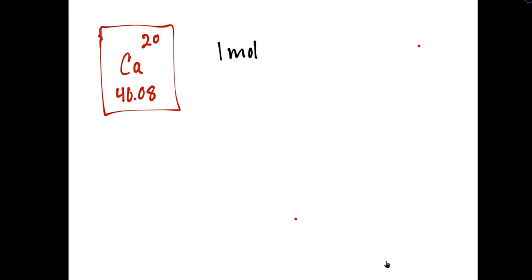I have something called calcium on the periodic table, and it says if I have 1 mole, 1 unit of that stuff, 1 unit of calcium weighs 40.08 grams. Okay, I could say that also for sodium. Sodium is a little bit smaller. It has 22.98 grams.